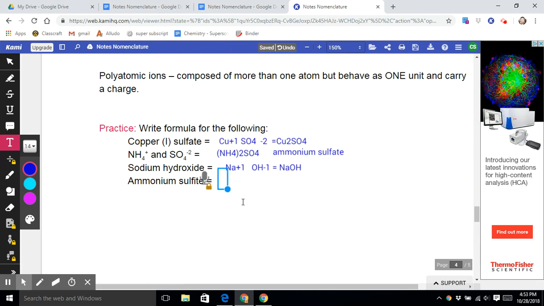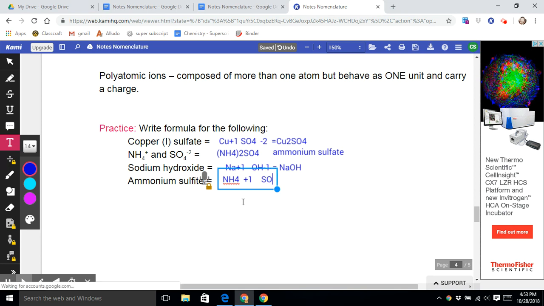Next, I have ammonium sulfide. Ammonium is NH4 with a positive 1 charge. Sulfide is SO3 with a negative 2 charge. I'm going to take the numbers, switch over to the bottom. I'm going to take just the charge. We don't change the little number on the bottom already.